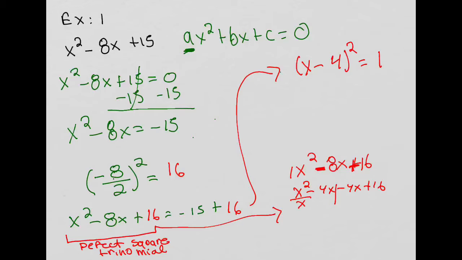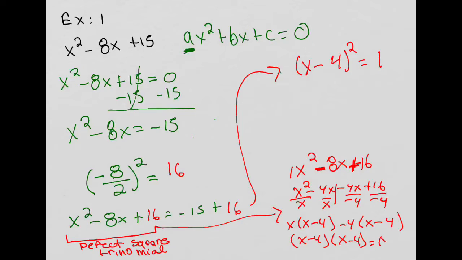Split it in the middle. What do these two have in common? x. So I have x minus 4. What do these two have in common? Negative 4. x minus 4. Well, what repeats? x minus 4. What do I have left? x minus 4. Well, it's the same. So that means I can rewrite it as x minus 4 squared. And this is where this comes from.